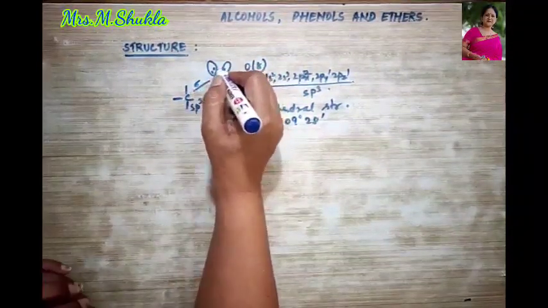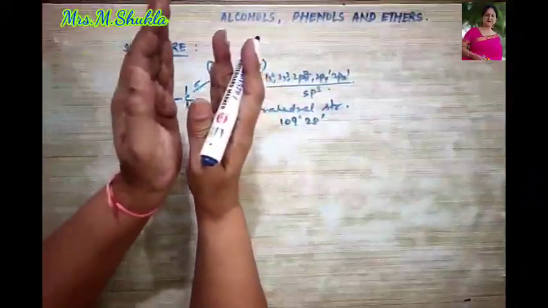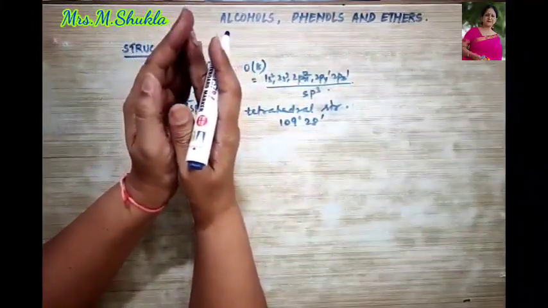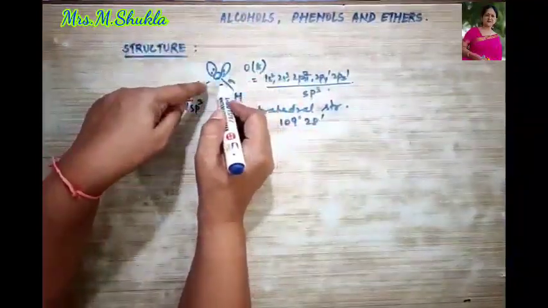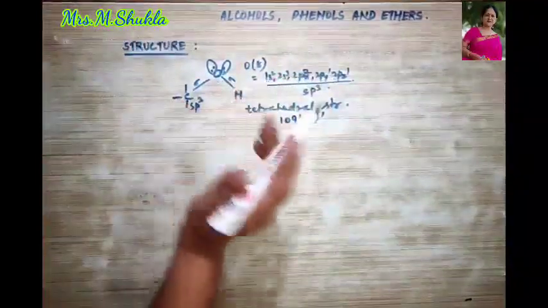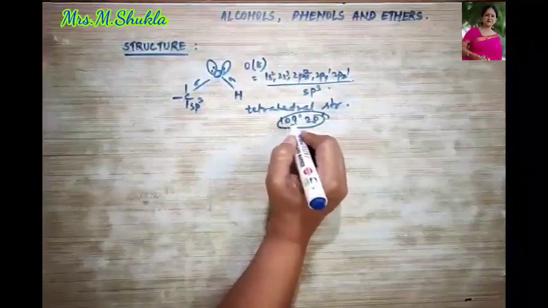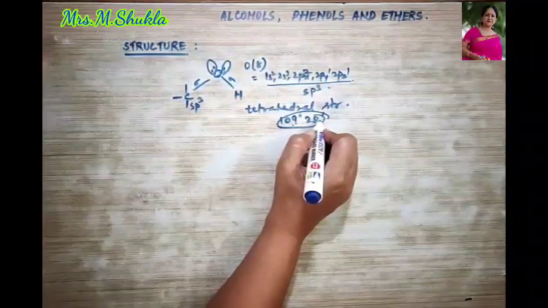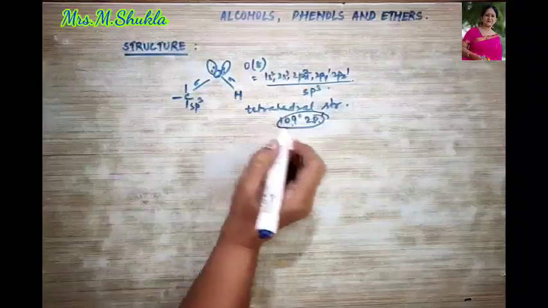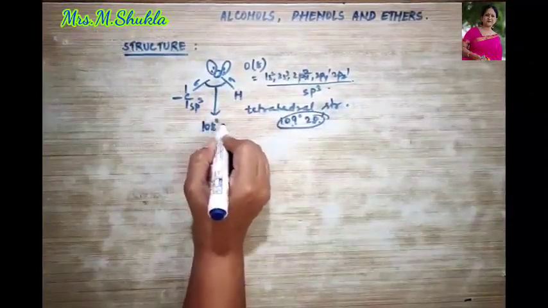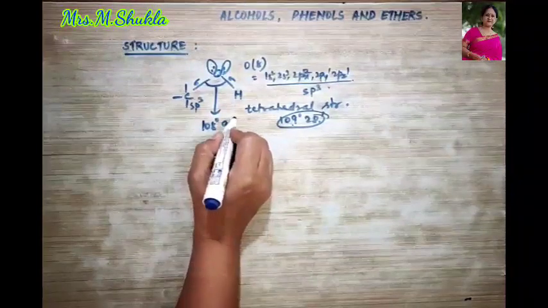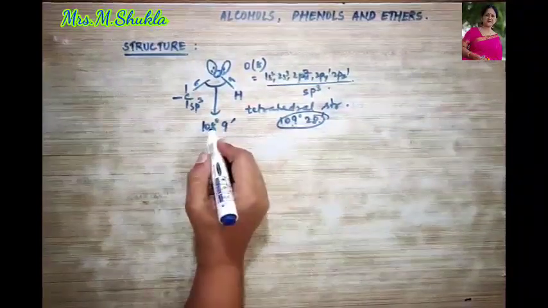So because of the lone pair, repulsion takes place. When there is repulsion, the angle decreases, and instead of 109 degrees 28 minutes, it forms an angle of 108 degrees 9 minutes.